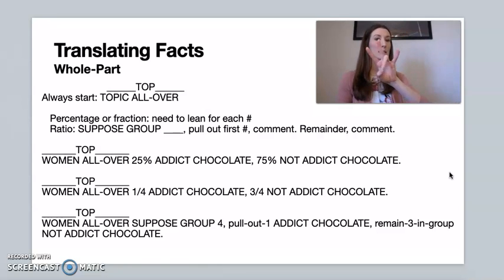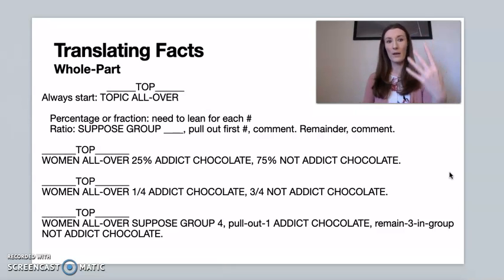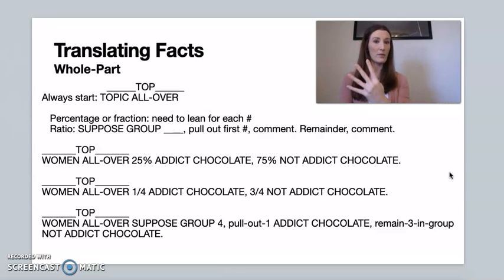Other side, 75% not addicted to chocolate. Okay, same idea for the fraction. So women all over, 1/4, you just make a fraction, addicted to chocolate. Other side, 3/4, not addicted to chocolate.